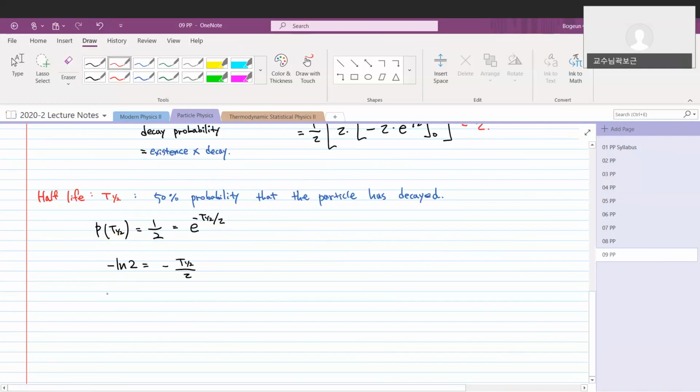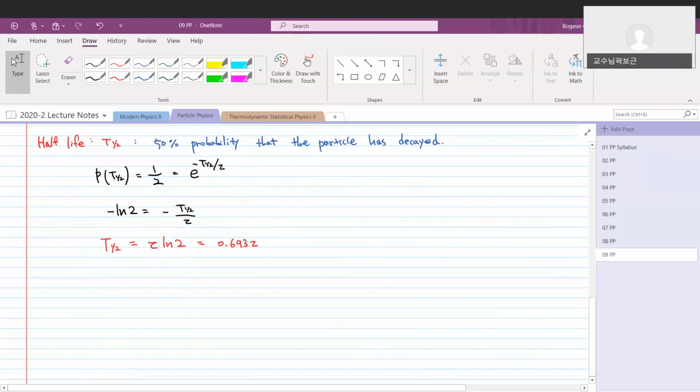So the half-life for any particle is tau log 2. By number it is 0.693 tau of time or seconds passed after it starts. And normally 1/tau is called the decay rate.